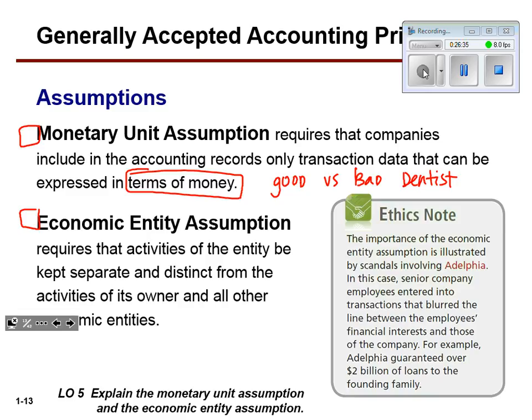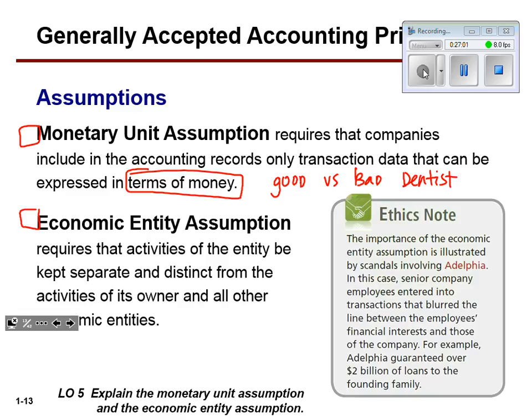So can you say, just because I'm a really good dentist, that I can put a dollar amount on that? Not really. Or, ooh, they're the bad dentist. Don't go to them. We have to devalue their work just because they're known as the bad one.